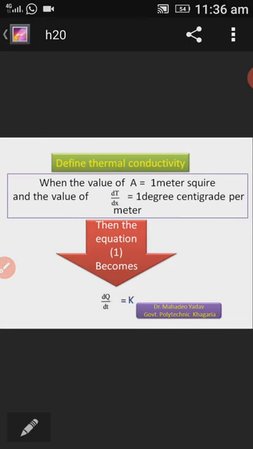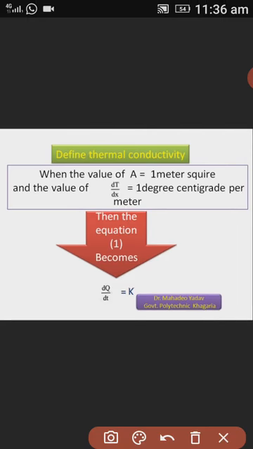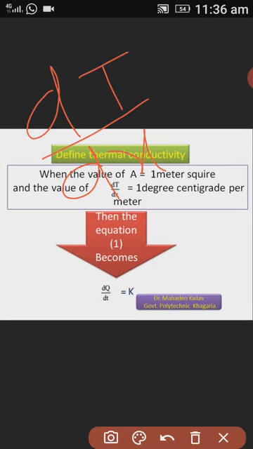For the definition of k, we put in the equation A equals 1 meter square, and dt by dx equals 1 degree centigrade per meter.